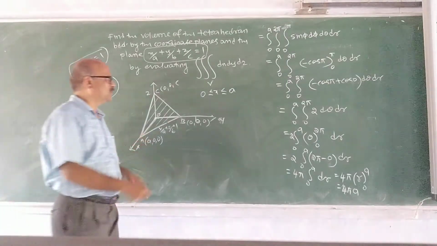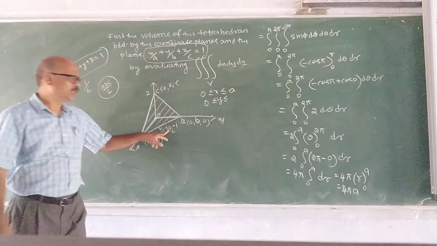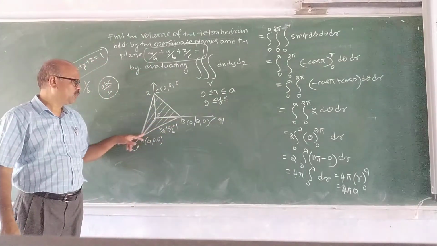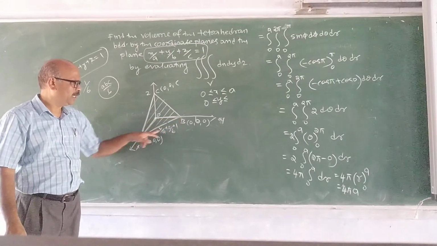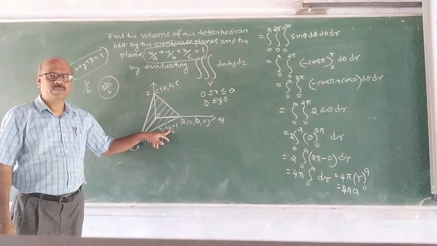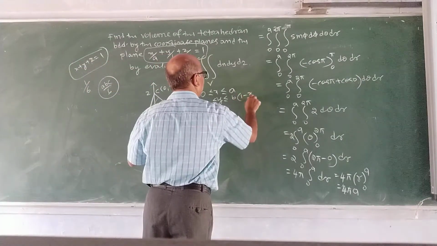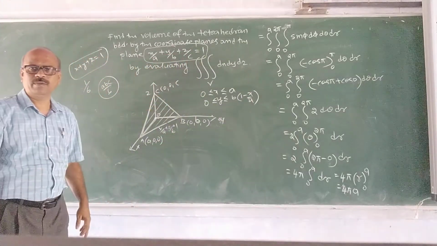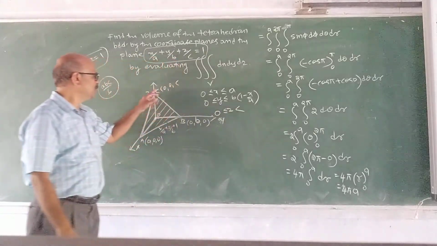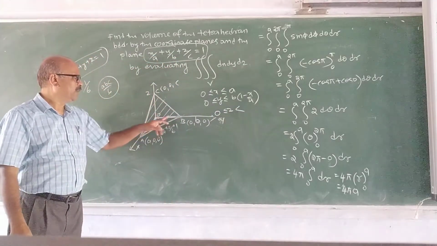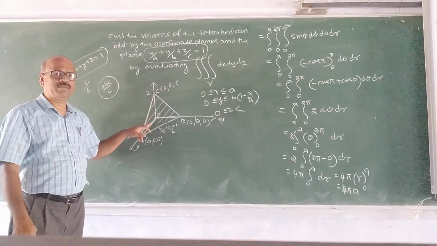So if x varies from 0 to a, y varies from 0 to b into 1 minus x by a. Correspondingly, z varies as x, y vary in the triangle ABC.